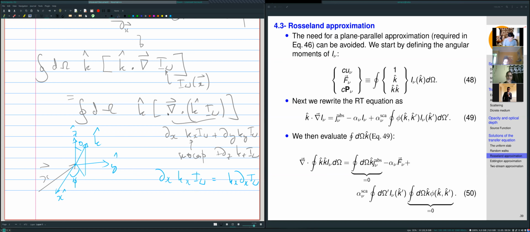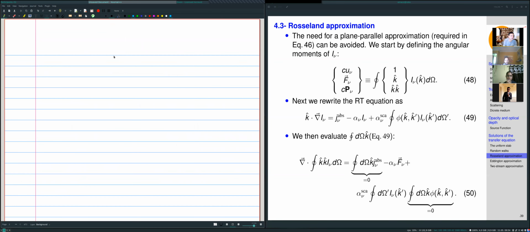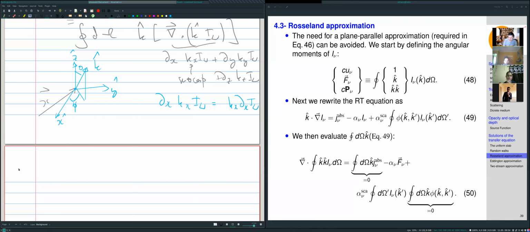And then I do the same trick again, and that's even worse, I think, but let's see how it goes. We have the integral of d omega times ki, the i component of this vector, which I'm rewriting in terms of its components, times the divergence of this quantity.